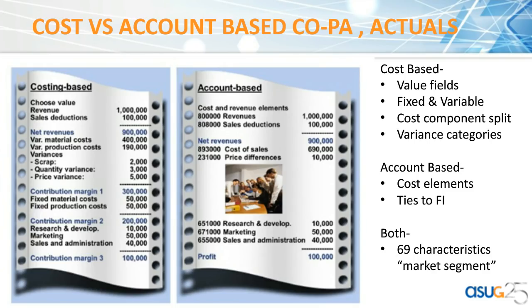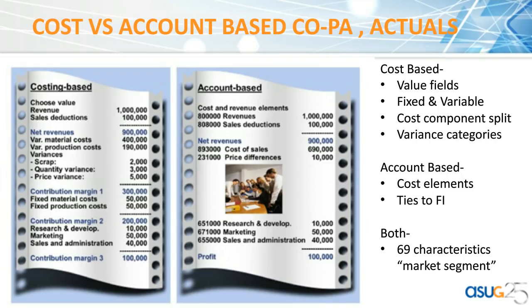This is something that always made COPA cost-based a little problematic, getting people to understand this concept of a value field rather than a cost element for analysis purposes. So cost-based COPA leverages value fields, and it has the ability to split fixed and variable cost based on the cost component split from product cost planning. So that's super important if we want to get contribution margin.